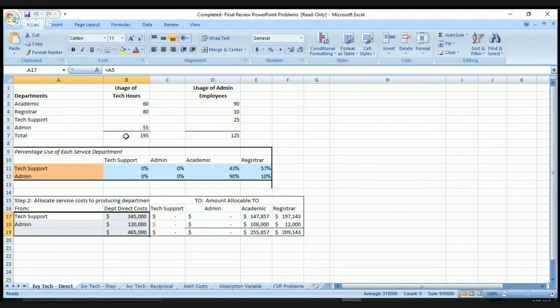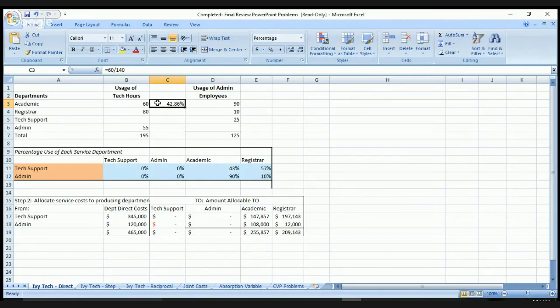Now, tech support is based on tech hours. So when I'm doing the direct, I do not look at all at the 55 for the admin. All I do is look at the 60 and the 80. Now, if I take 60 divided by 140, which is the sum of 60 and 80, I get 42.86%.